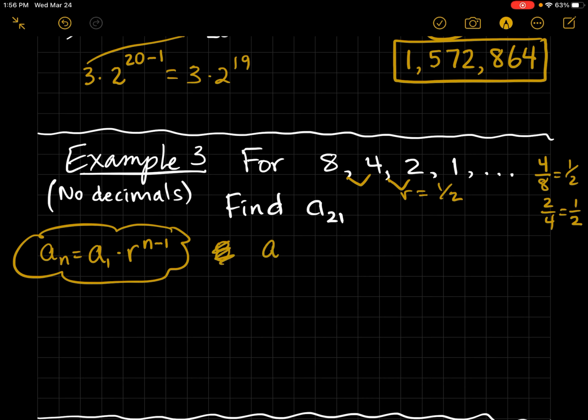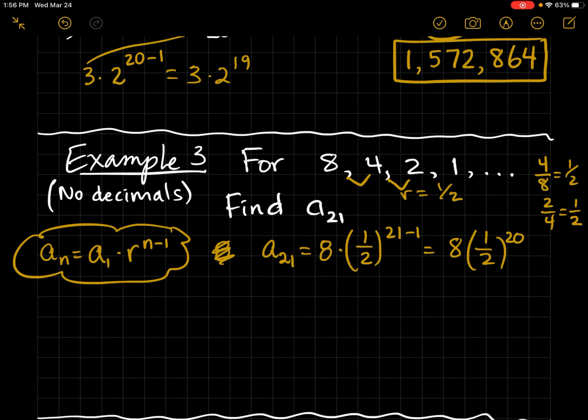So a sub 21 equals a sub 1 times the ratio times 21 minus 1, which is 8 times 1/2 to the 20th power.